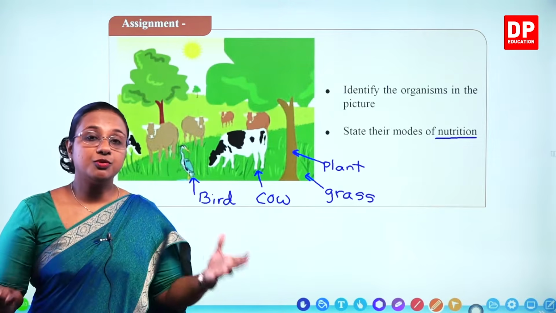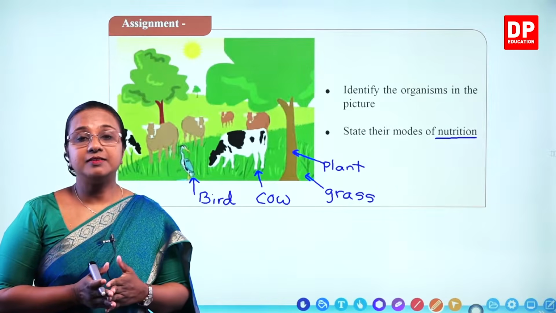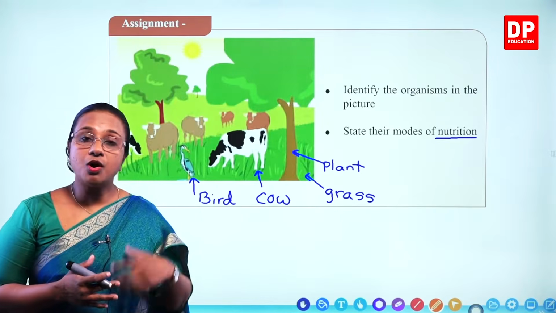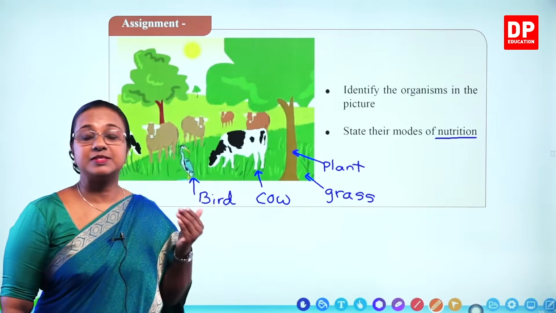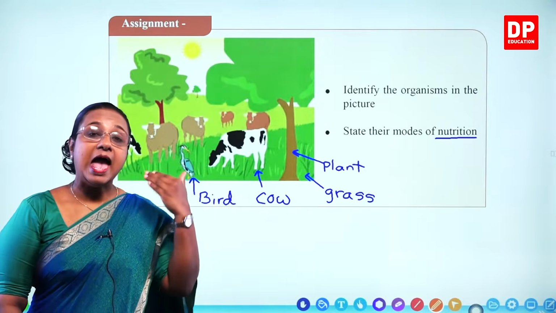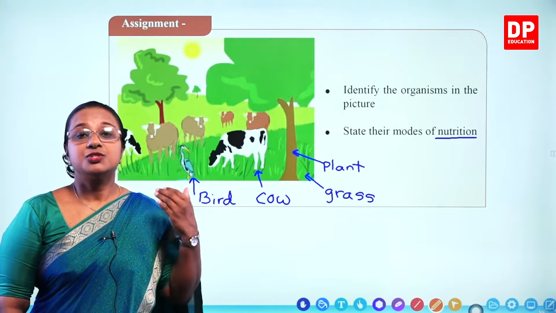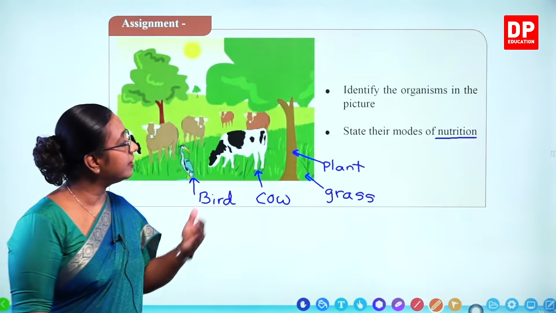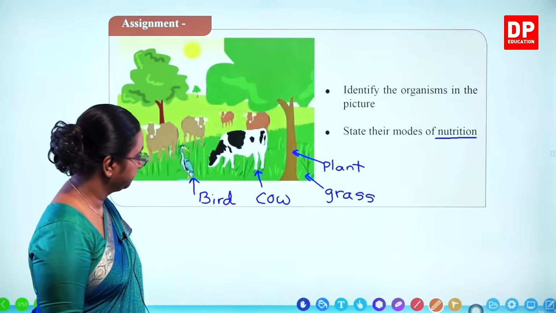That is to grow, to do their day-to-day activities, to carry out their metabolic processes. For all these organisms need energy and materials. So to obtain that material and energy, they have different modes of nutrition.